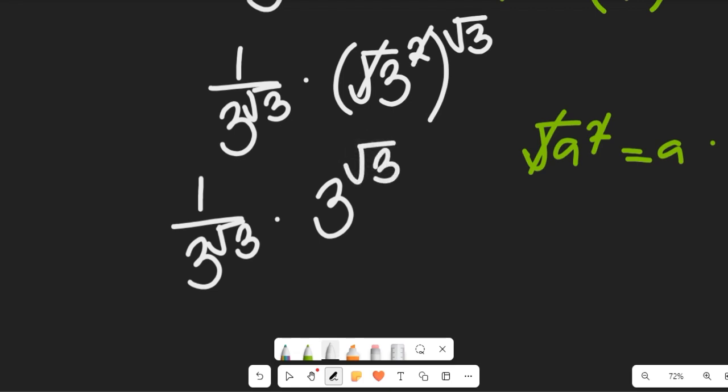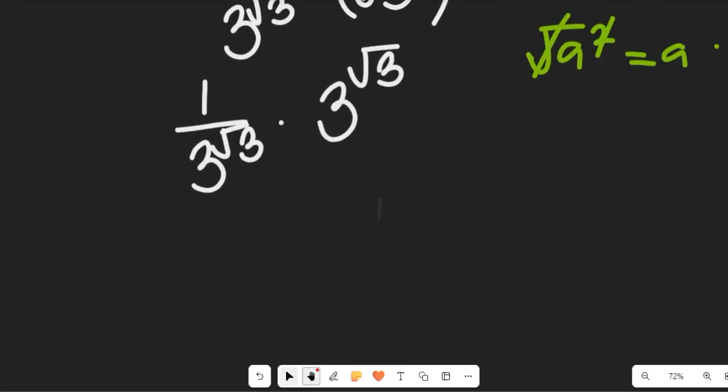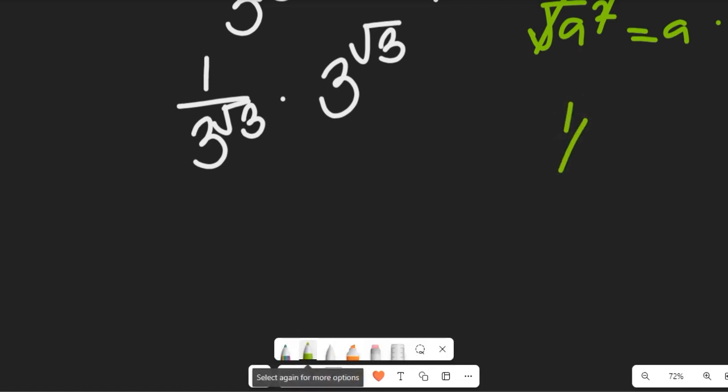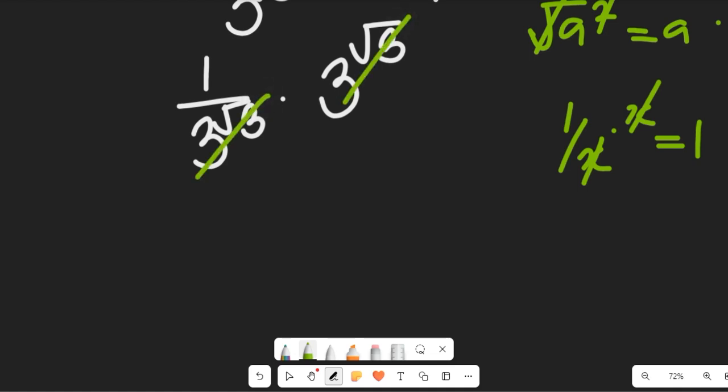Root 3. So what do you notice? You notice that the value here is the same as the value here. So if I have the expression 1 divided by x multiplied by x, this will simply give me x clearing x. That will give me 1. So if this clears this, my solution will just be equal to 1.